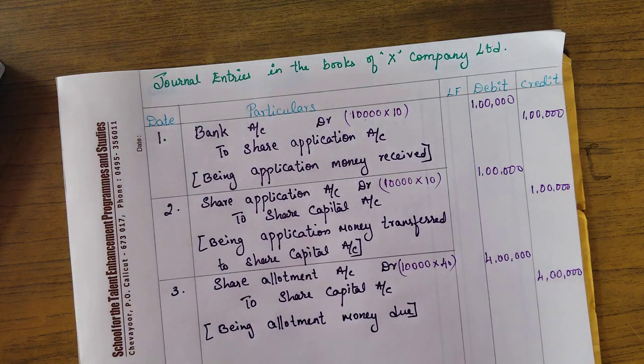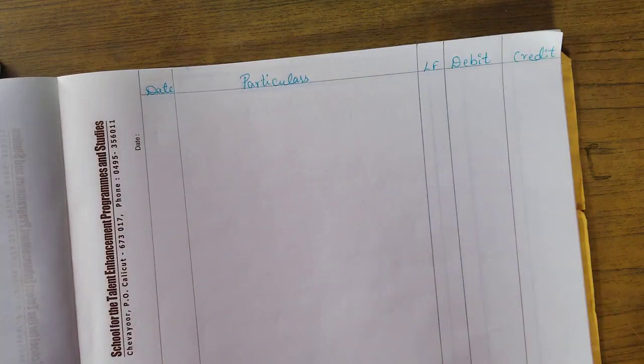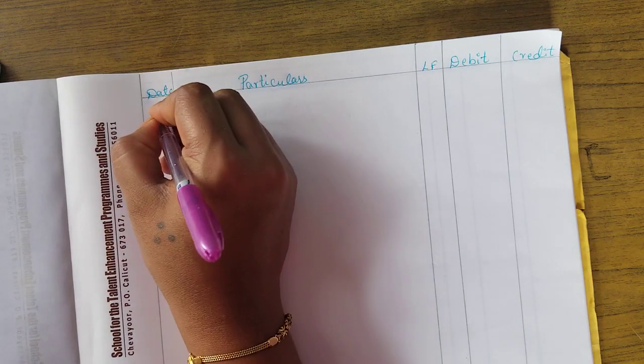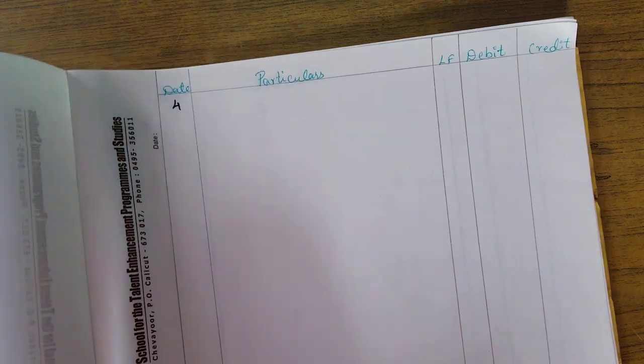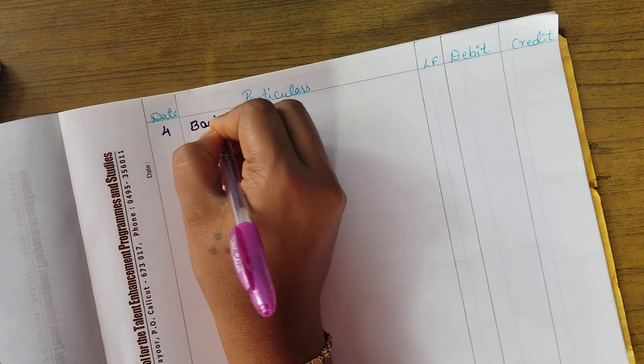Next, going to the allotment money received. What is the entry for allotment money received? That is the fourth entry. When we are receiving, obviously Bank account will come.